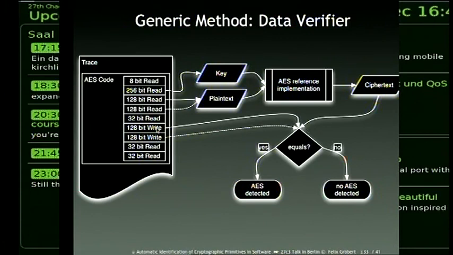For example, here's a 128 write. If this is equal, we actually detect an AES, not only with the key, but also with the plaintext and ciphertext, and verified its relation.